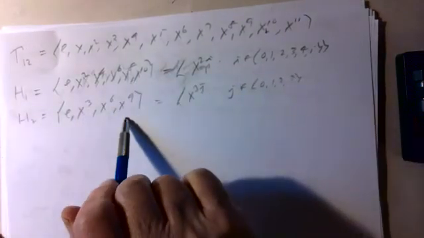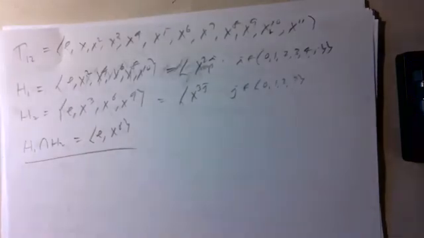So this is a subgroup of order 6. This is a subgroup of order 4. What's the intersection? Well, you just look, what elements are in common? They both contain E, and they both contain X to the 6th. So the intersection of these two subgroups is another subgroup. That's an example.